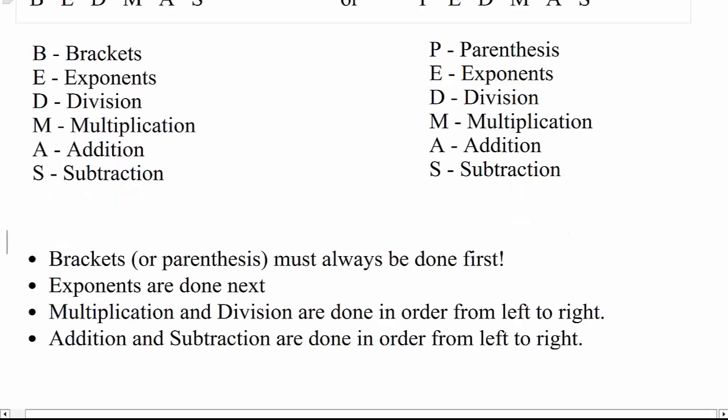If you follow these rules, the brackets or the parentheses must always be done first, followed by any exponents. Multiplication and division are done in the order from left to right that they appear in the question, and addition and subtraction are done in the order from left to right as they appear in the question. If you do this consistently, you will always arrive at the same correct answer.